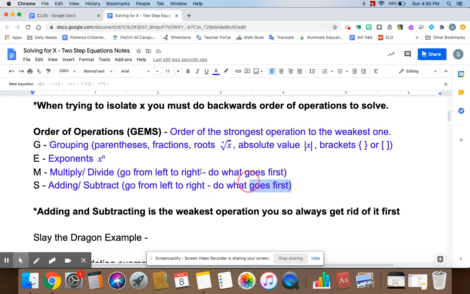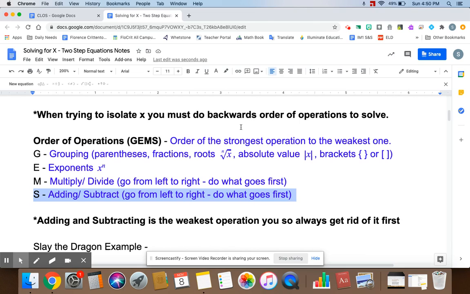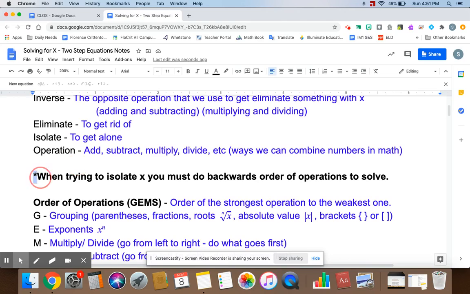So these are the order of operations for when you have math and you're going forward. This one's the strongest, next. And adding and subtracting is the weakest one, which means if you're trying to solve for x, to isolate x, you must do backwards order of operations to solve.